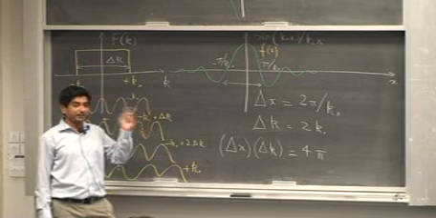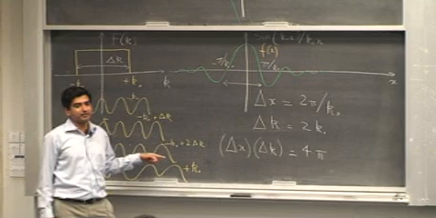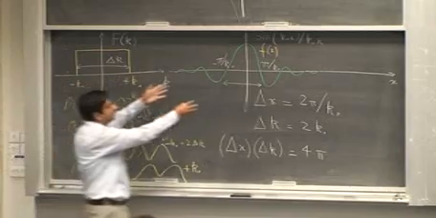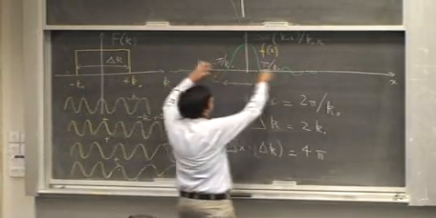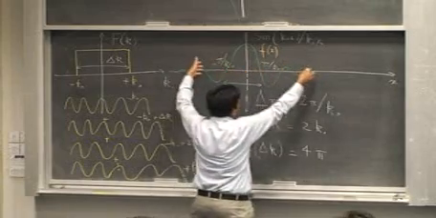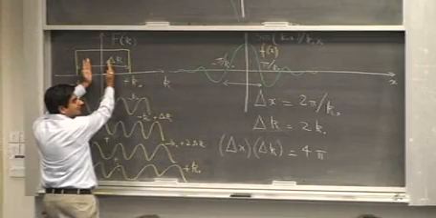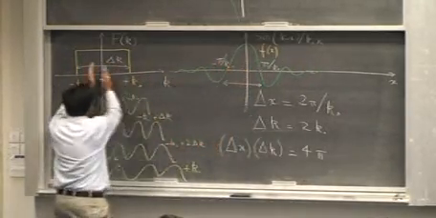I gave you one example in the previous lecture. Here's another example. You add waves with a range of k values, you get a wave in space. If you want to increase delta x, you want to make this pulse go wider, you have to shrink this. If you would like this pulse to become tighter, you would have to expand this.